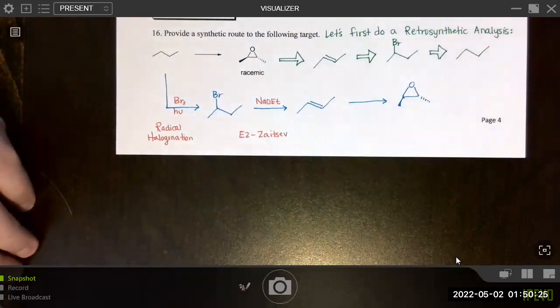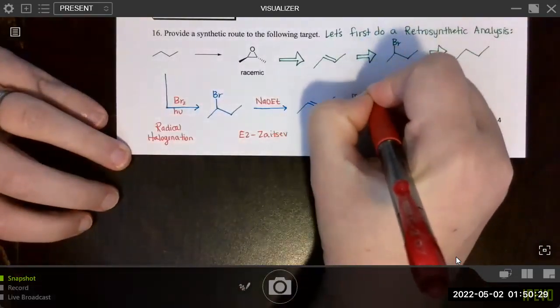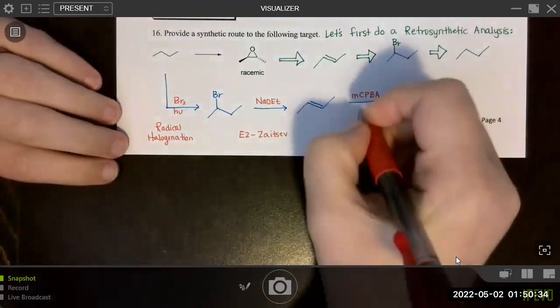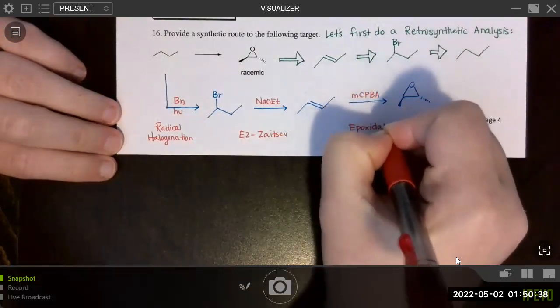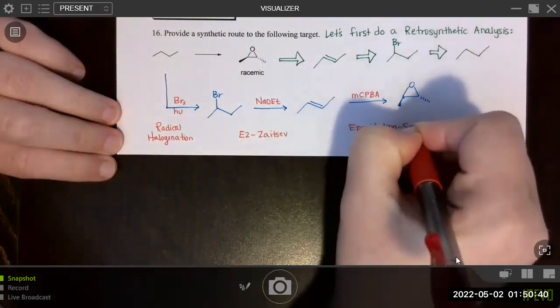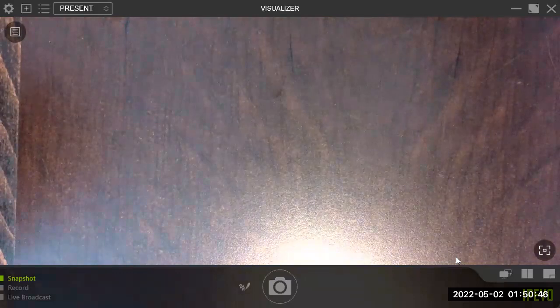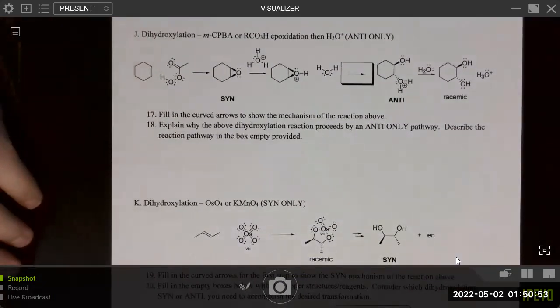Okay, and then epoxidation, right, utilizes MCPBA or RCO3H. This is oxidation. The next reaction is really just a continuation of the previous reaction.